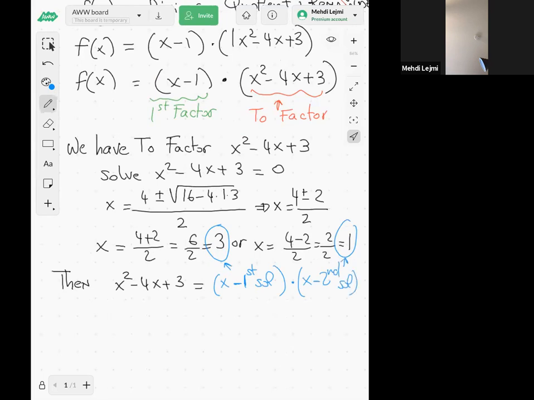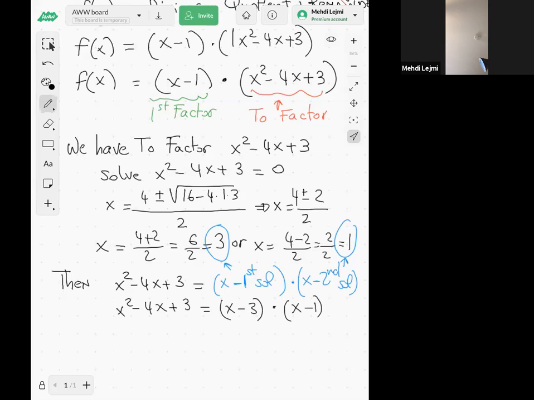All right, so then your x squared minus 4x plus 3 is just x minus 3 times x minus 1. All right, this is just one method.